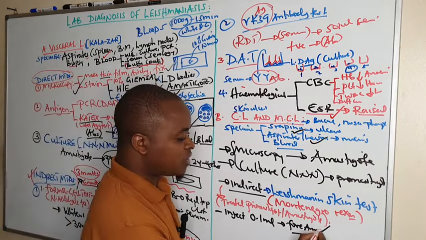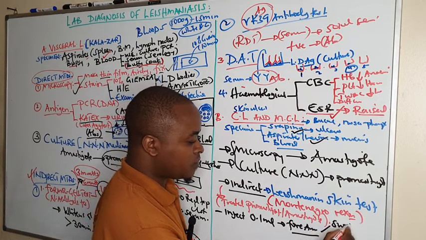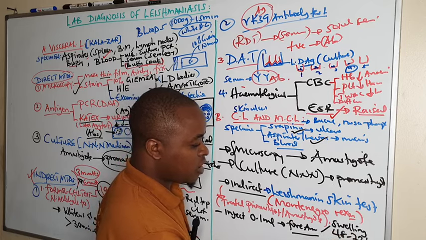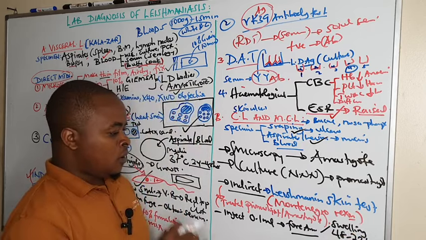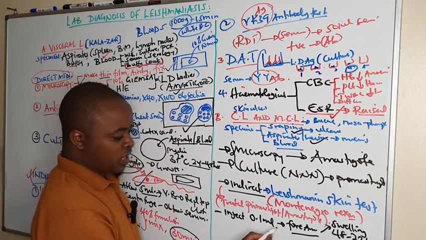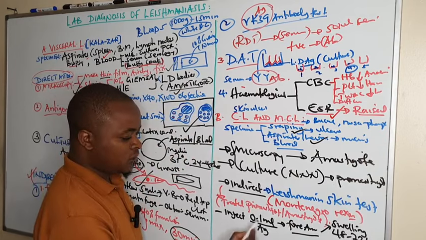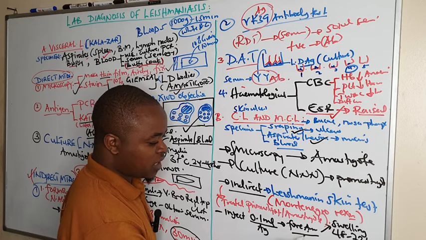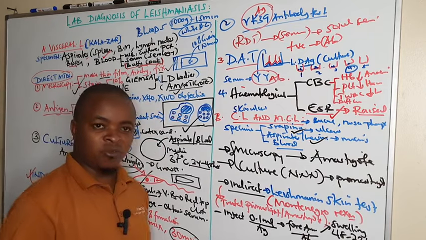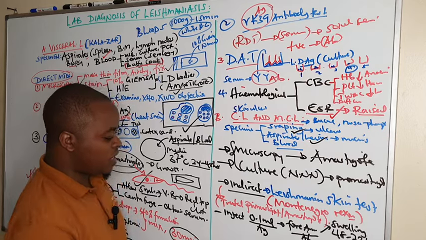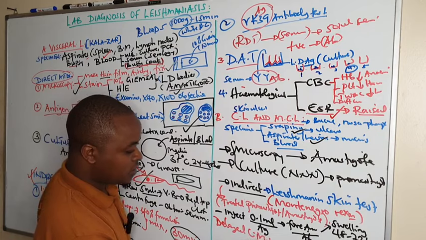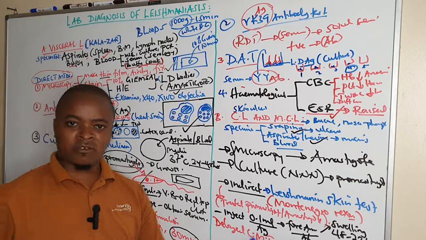Then here we are going to observe for the swelling within 48 to 72 hours. Because this injection contains the antigen, then the patient has the antibodies. So they are going to react to form antigen-antibody complex, which is going to trigger delayed cell-mediated immunity in the patient after injecting.